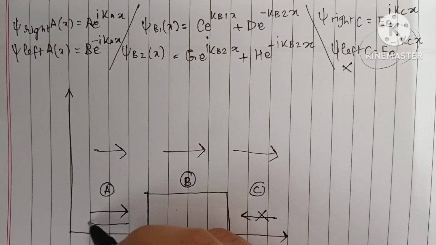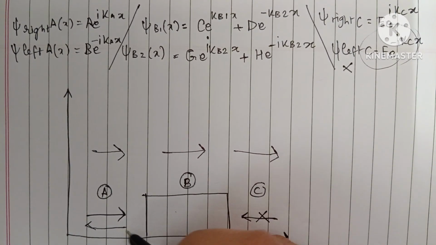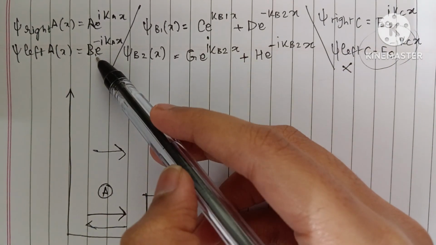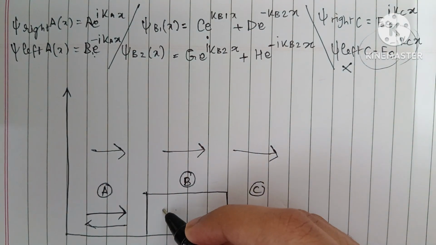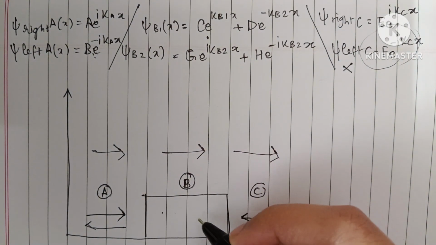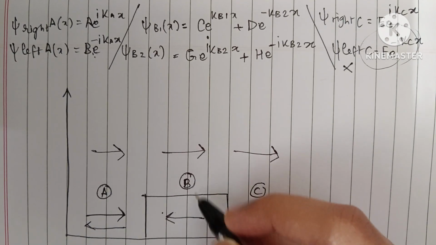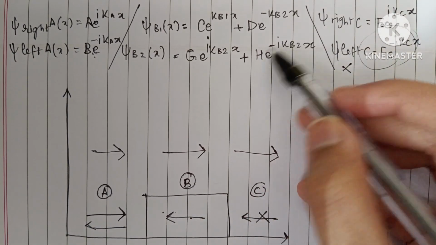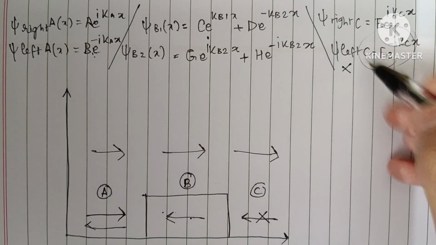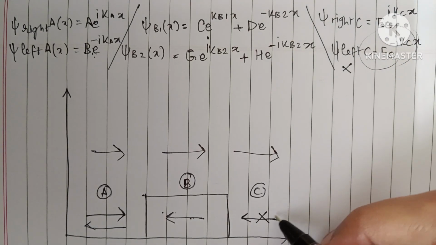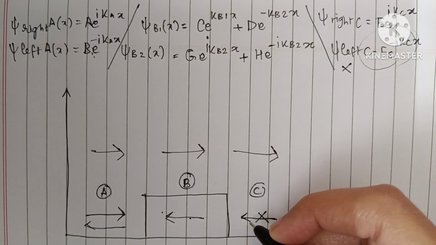It can even reflect back after hitting the barrier, so this is also possible. And it can move through this or also reflect back after moving some distance inside the barrier. So this is also possible. But this is not possible because the particle is not moving from this direction.